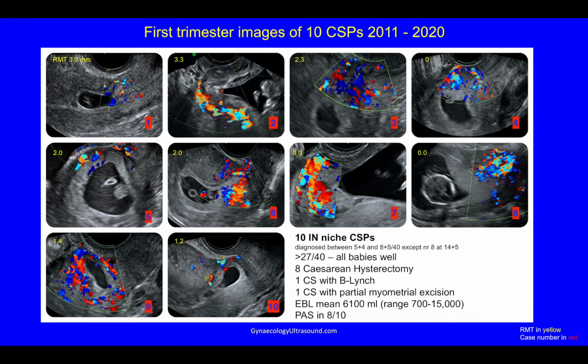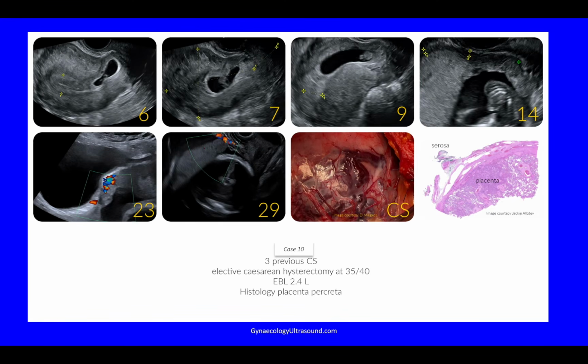They were all delivered at more than 27 weeks gestation. 8 of them had a Caesarean hysterectomy, 1 a section with a B-Lynch suture, 1 a section with partial myometrial excision. And the estimated mean blood loss was around 6 litres, and 8 out of 10 of these had histology showing placenta accreta spectrum.